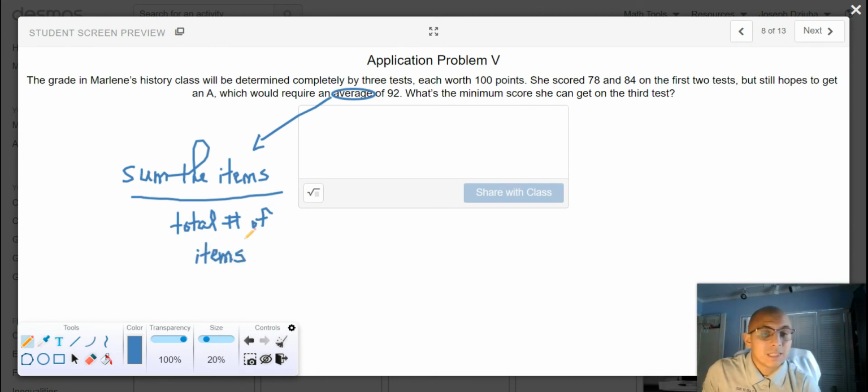Considering this is a senior elective, I want to see if you can recall how to apply this idea of an average. So I'm not going to do too much beyond that, but try your very earnest in attempting to solve this application problem.